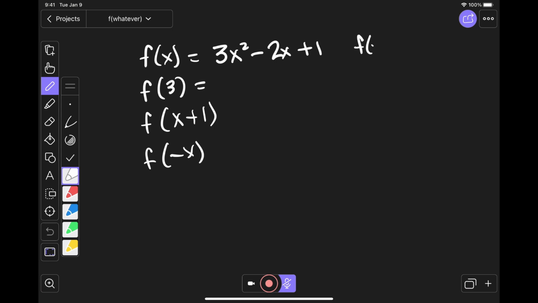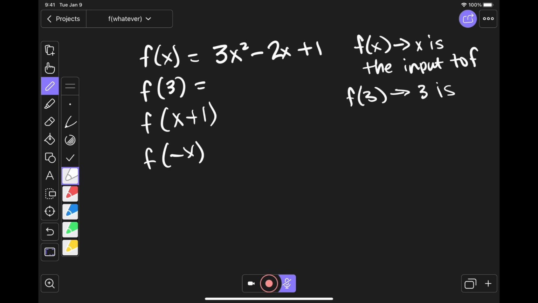So f of x means x is the input to f, which is a function. f of 3 means 3 is the input to f. So we're changing the input in all of these cases.